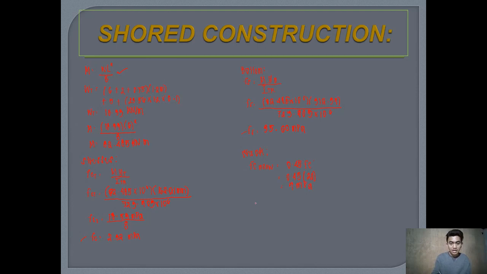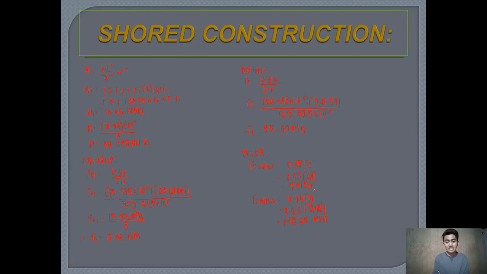Then same goes, Fs allowable is equal to 0.60 Fy, wherein 0.60 multiplied by 248, that is 148.80 megapascal.